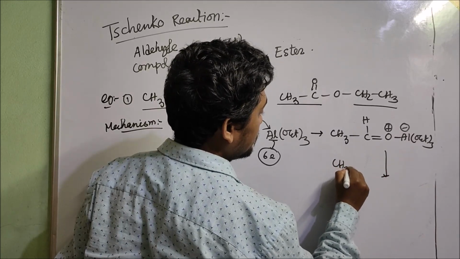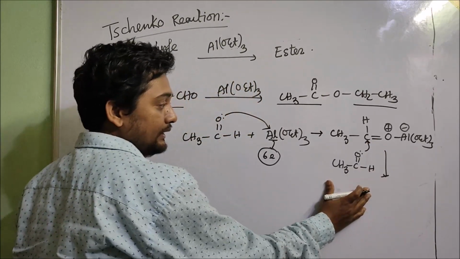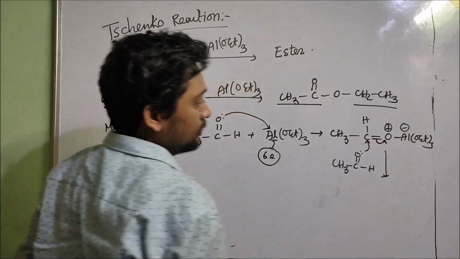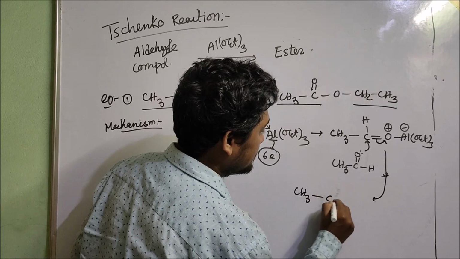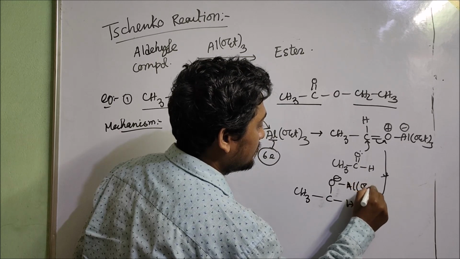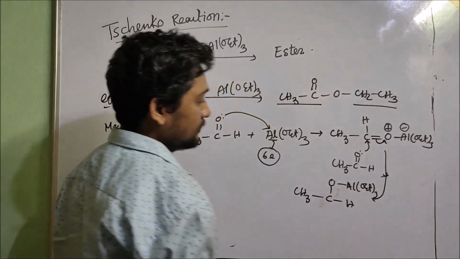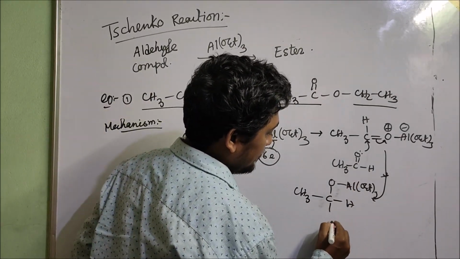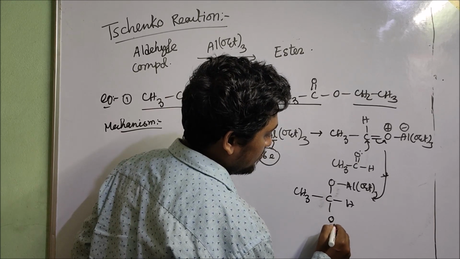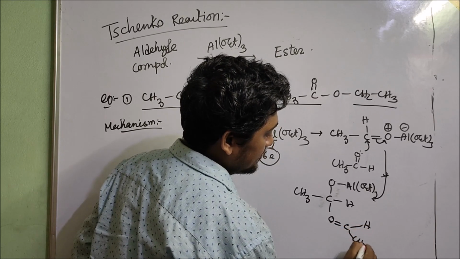Now another aldehyde molecule, the lone pair of oxygen from that molecule will attack at this carbon and this one will go. CH3CHO negatively charged, Al(OEt)3, no negative charge will be there, it will be neutral, and here is O double bond C, here is hydrogen, here is the CH3 group.